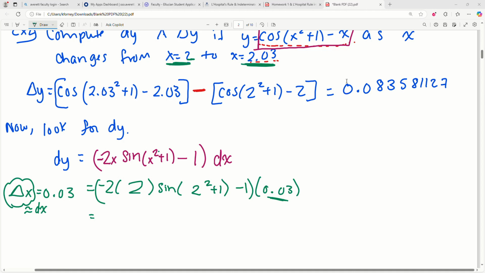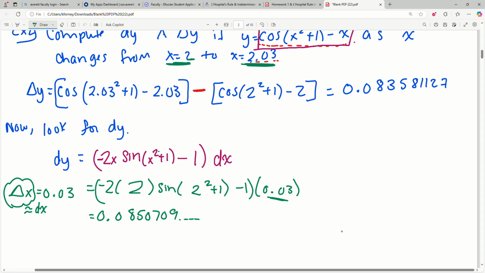I apologize. Now, you get 0.08507. You see that. So, I'm going to write this here and you can compare. 0.0850709, and so on.